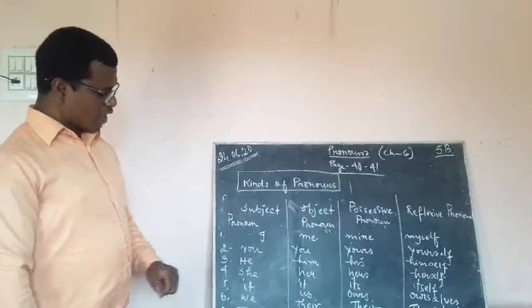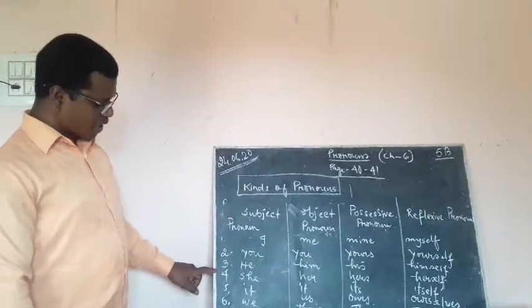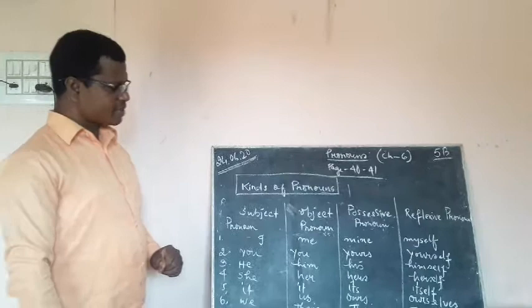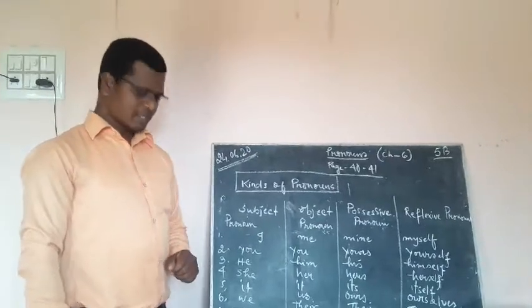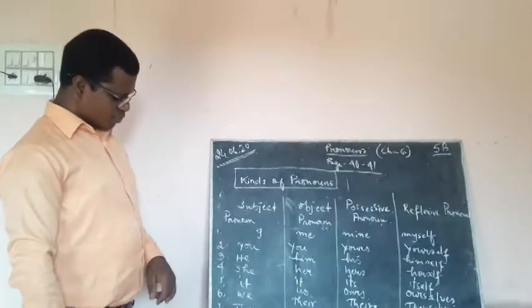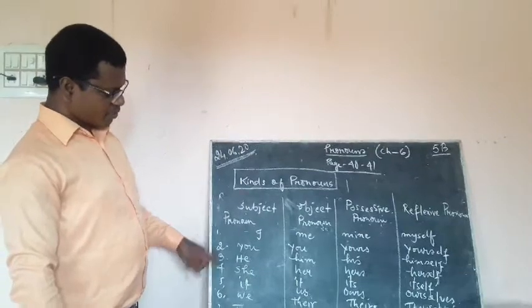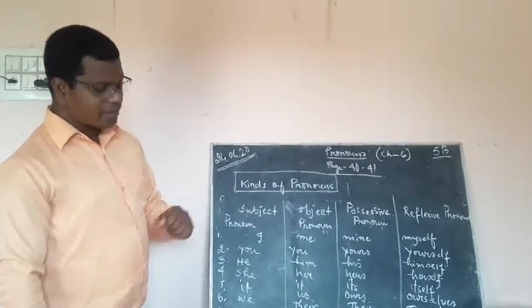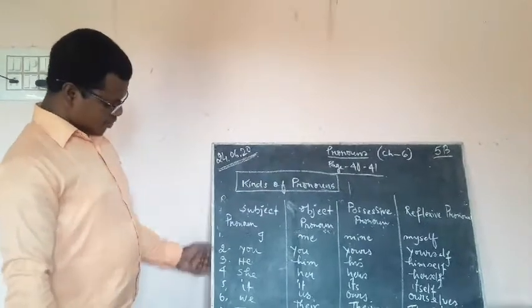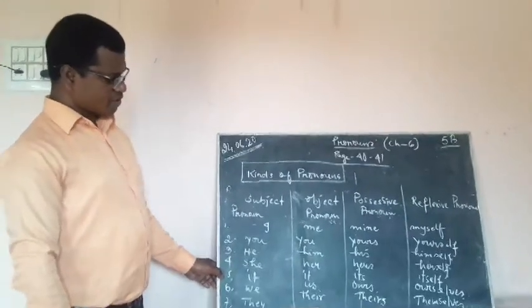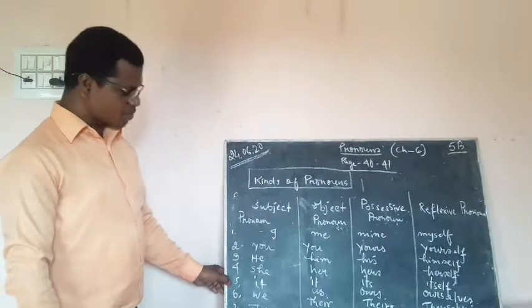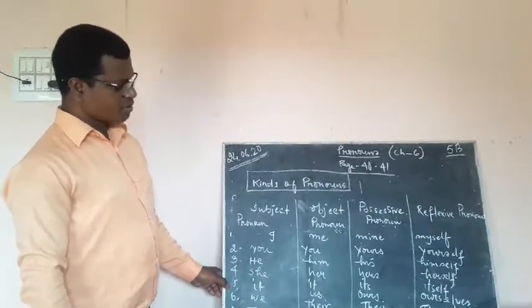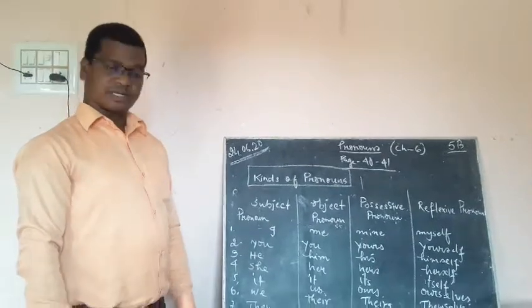Then third one, he, in the subject pronoun, and object pronoun that will be him, and possessive his, and reflexive himself. Let's come to the fourth one, she becomes her, hers, and herself. Let us see the fifth one, it, in the object pronoun that also becomes it only, and possessive pronoun its, and reflexive pronoun we see itself.